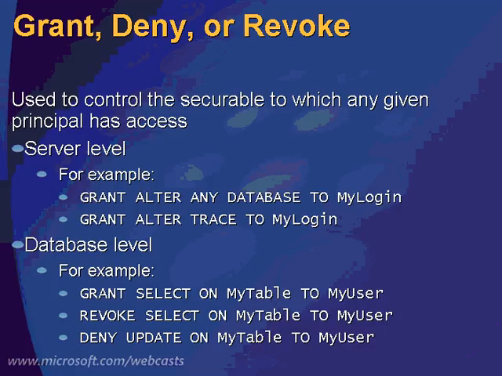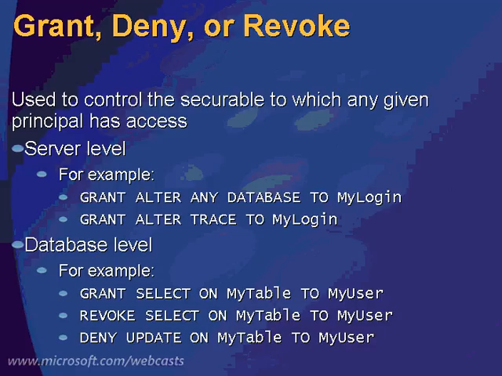At the database level, we can grant access to tables, stored procedures, and all kinds of other things using the same thing: grant, revoke, or deny. And of course, the point of deny is that the user might be a member of a role which has access to something, but you don't want that specific user to have access. So you can very granularly control things.